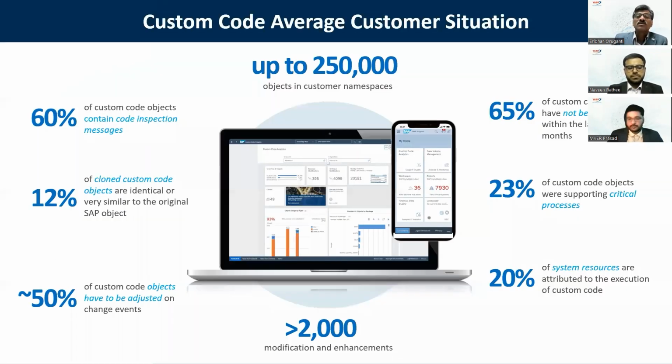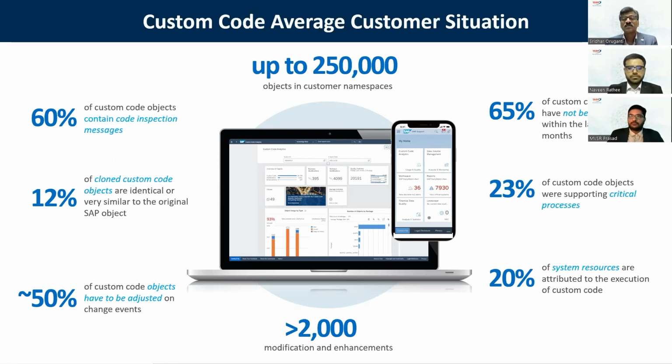Before we get there, we all know that SAP as an ERP system, and many products from SAP, have a lot of custom code that has been written by multiple customers over the last 4 to 5 decades.